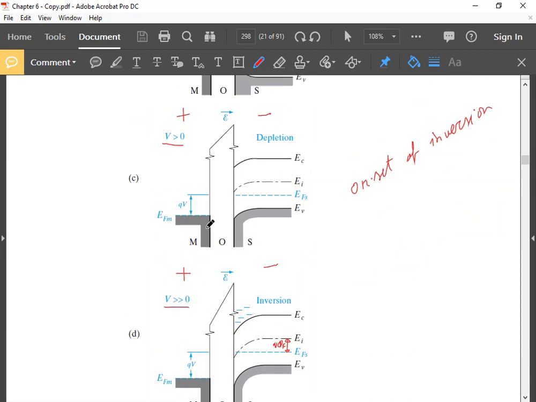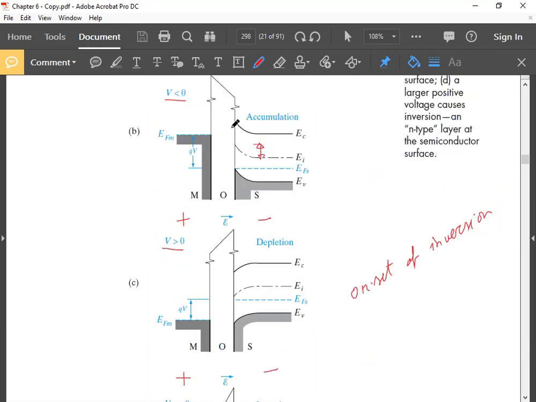So basically, there are two capacitances in series. One is this oxide capacitance or insulator capacitance, which is Ci, and the other is this semiconductor capacitance. You can understand that in accumulation, the behavior of this capacitance will be different from the capacitance in depletion, right? These two scenarios are different. So the behavior of the capacitance in the semiconductor will be different in these two scenarios.